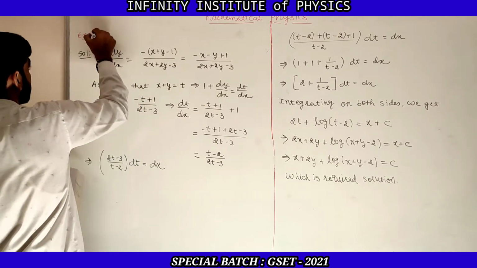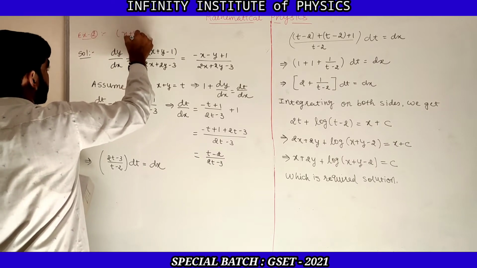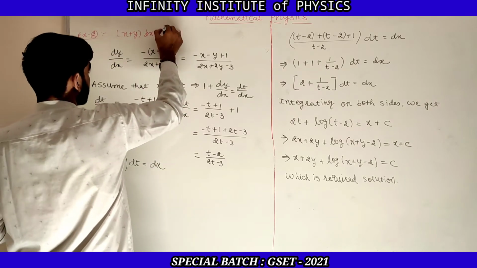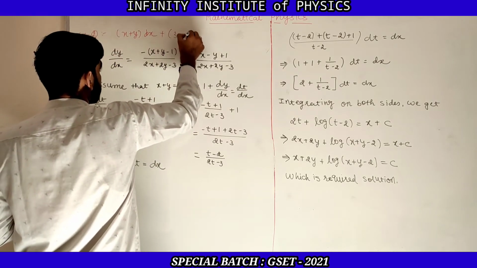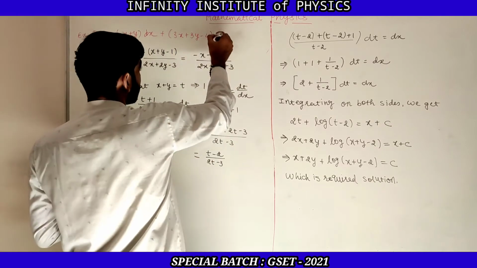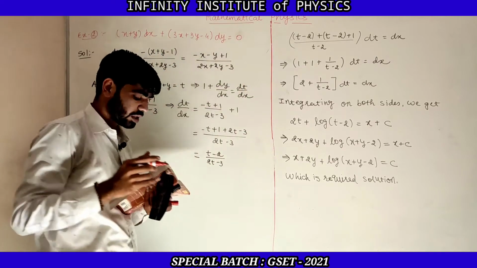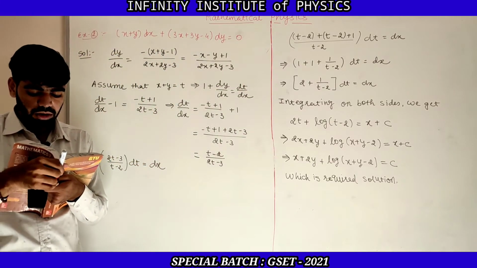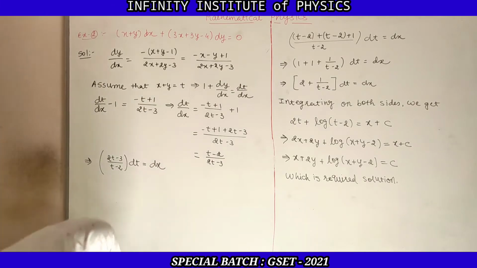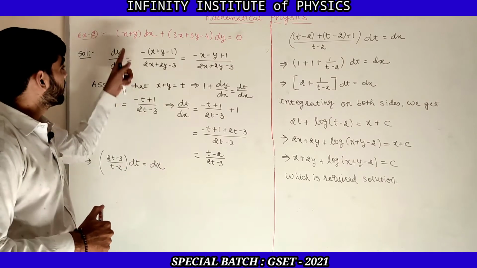So please note it down, the second question: x plus y dx plus 3x plus 3y minus 4 dy is equal to 0. So this is the case of non-homogeneous with the ratio the same.